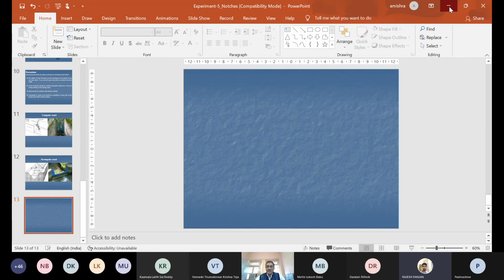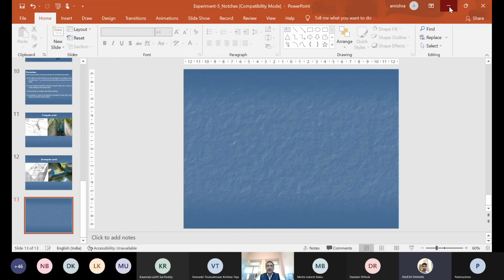Okay, so you just see there is observation table available in your class material folder. Experiment 5, Weirs and notches, observations. That is in a Word file. Can you see that? Yes. Is it available? Right? So there are observations for triangular notch and second table is rectangular notch.